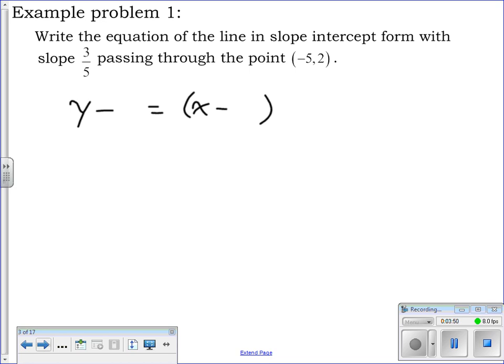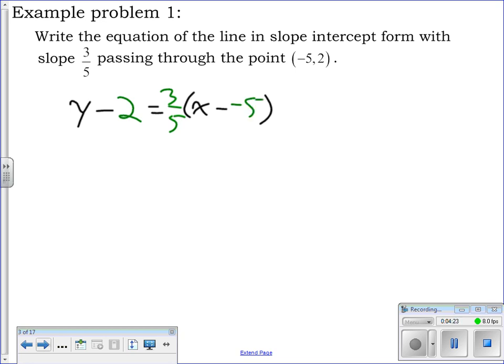I plug in my x-coordinate, my y-coordinate, my slope, and then rearrange as needed. So my first step, plug in the three values. What goes here? 2, my y-coordinate. What goes here? 3/5, my slope. And what goes here? -5, my x-coordinate.